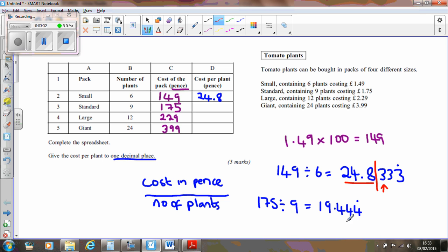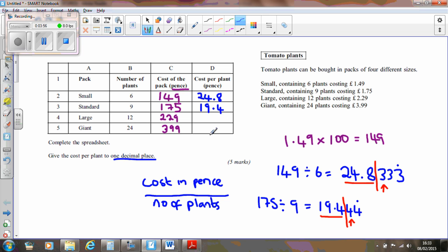And again, we want one number after the decimal place, so it needs to cut off here. Because this number is less than 5, it just stays the same. So again, we've got 19.4. You know what that is, 19 pence, 0.4 of a pence, so not quite 20p, close to 19p within 20p.